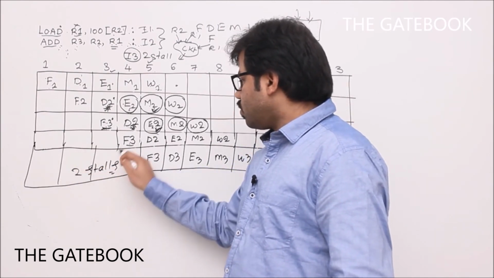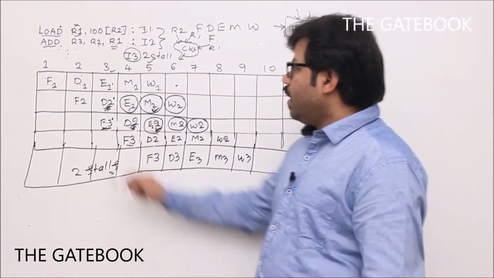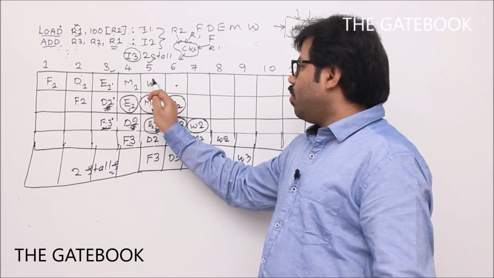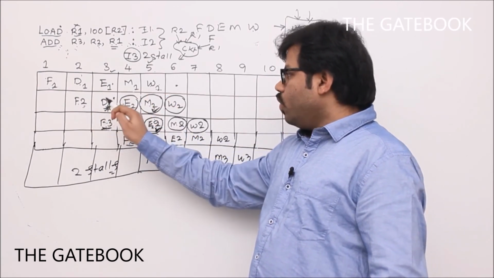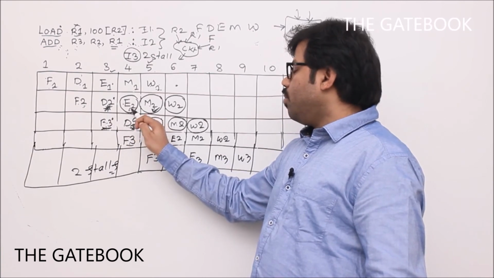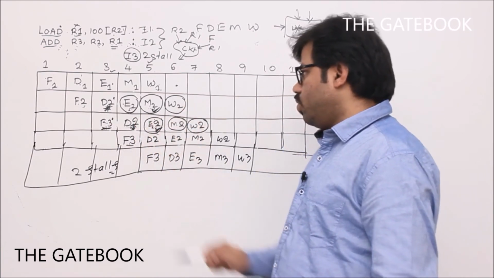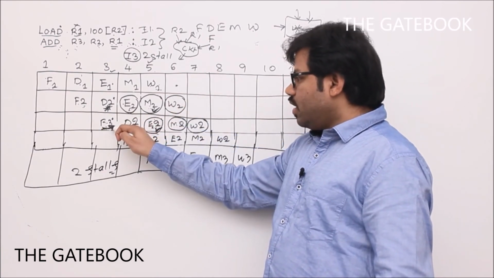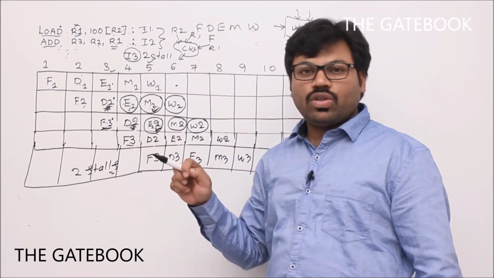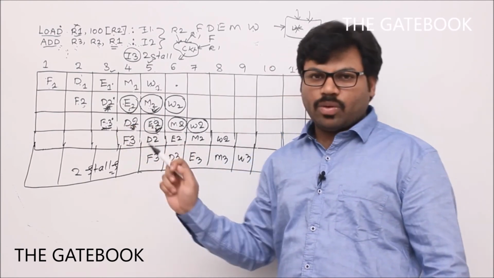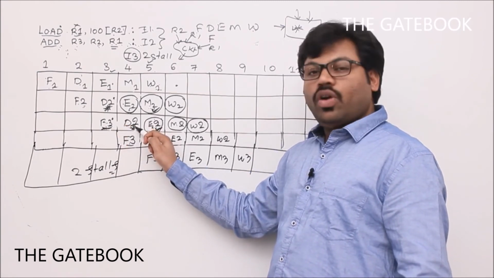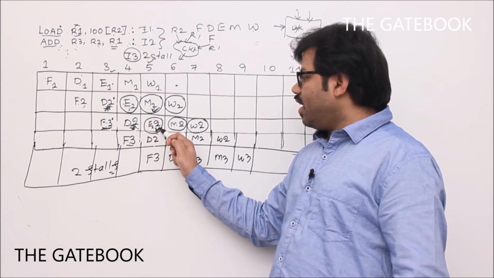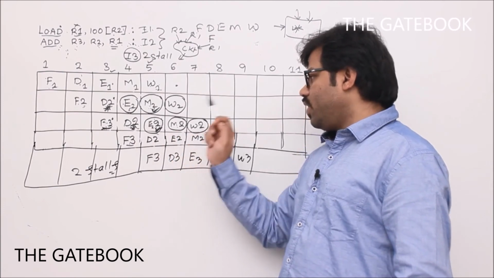Now focus. It is a normal F1 D1 E1 M1 W1, but here because of the stall cycle, F2 D2, but dummy E2, dummy M2, dummy W2. Again the third instruction is fetched, because by that time I don't know that we are going to have this kind of problem. That's why we fetched normally, but we decoded the old instruction and we dummy-executed E2 M2 W2 in this row.